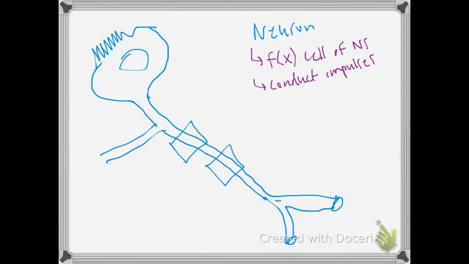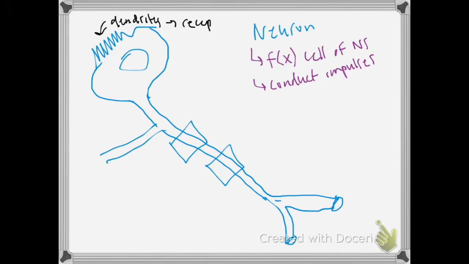Alright, so let's start identifying some different parts. So as we start talking about this, it makes a little bit more sense. So up here, we have these extensions from the cell body. These are going to be called dendrites. So dendrites play a role in reception. So we'll say this is the receptive field.